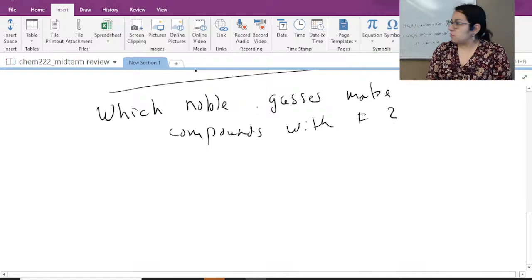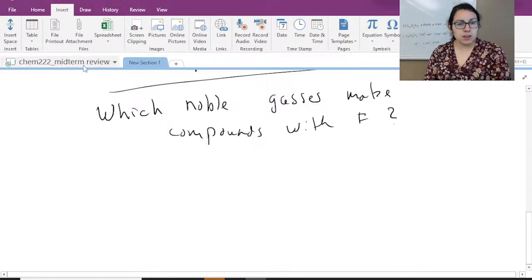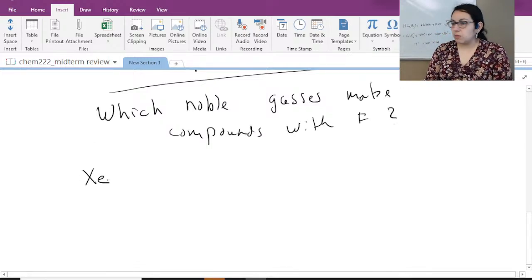So which ones do we remember? Do we have any thoughts? So xenon for sure. Which compounds were those of xenon? Do you remember? There were like 2 examples.